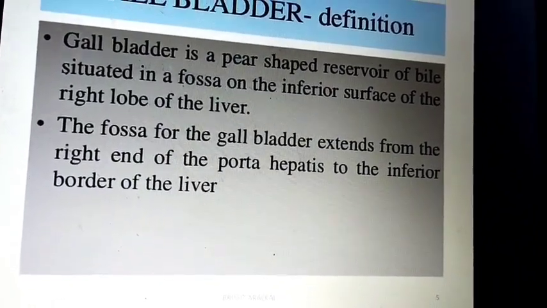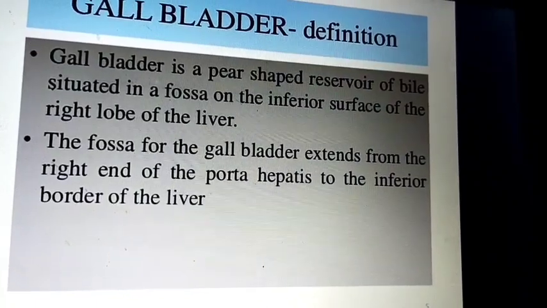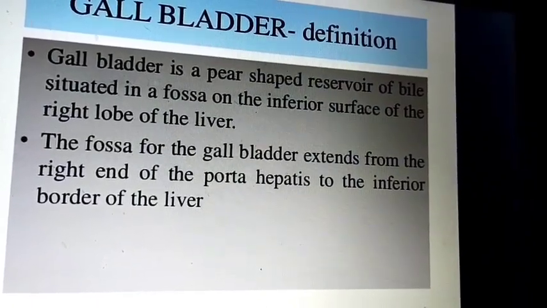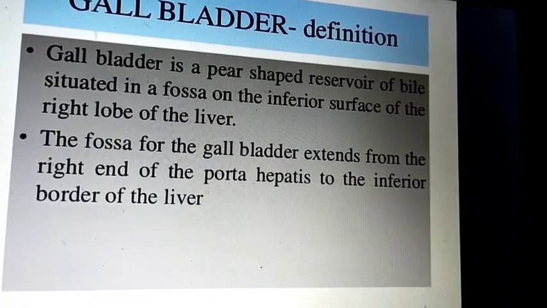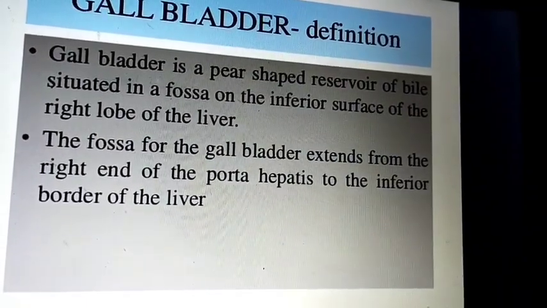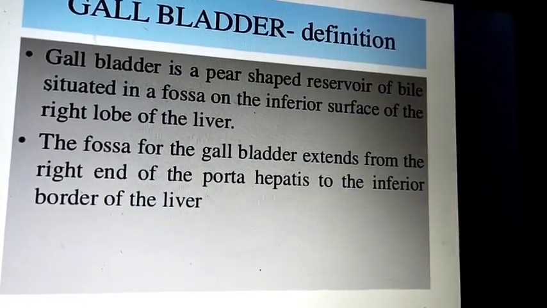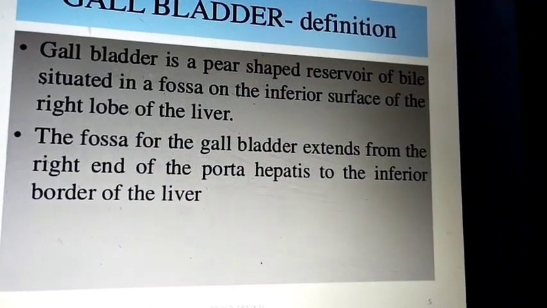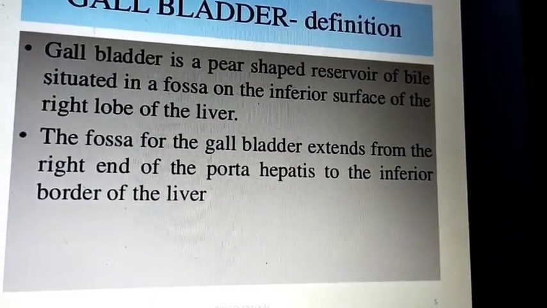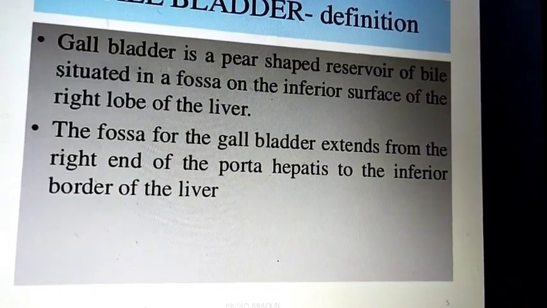The fossa for gallbladder extends from the right end of the porta hepatis. The porta hepatis is where the arteries and veins go into the liver, and the hepatic duct comes out.